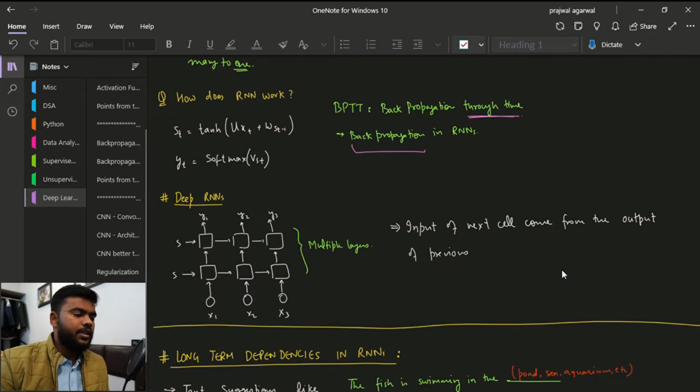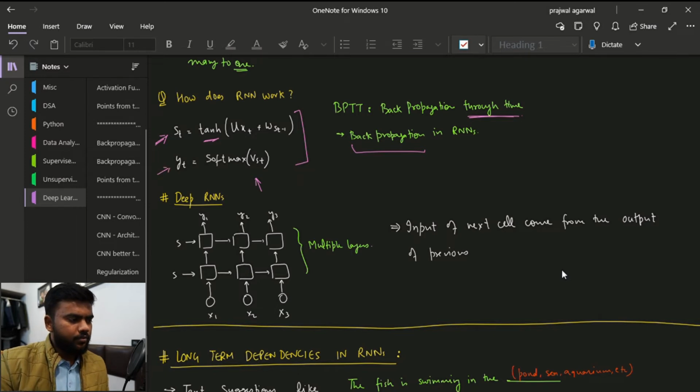The formulas that we use in RNNs are: we calculate the softmax, and we calculate the s_t as a tanh function, by the way, and in this section we are not going to go into those details. We are just looking at the overview of RNN and how they work in general. So these are the functions that we can use to evaluate the RNN working, and this is how we can generate the output.